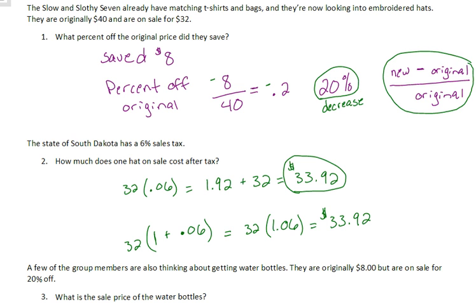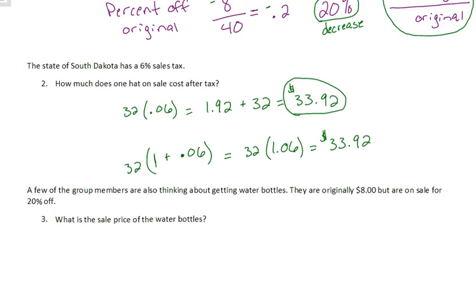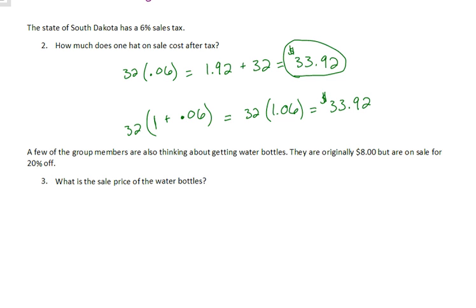All right, now let's go ahead and look at this last one. It says a few of the group members are also thinking about getting water bottles. They're originally $8, but are on sale for 20% off. Okay, so again, what's the sale price of the water bottles? Well, a lot of times we like to start with that $8. And again, we're going to multiply it by that percent off. So 20% is our 2/10.